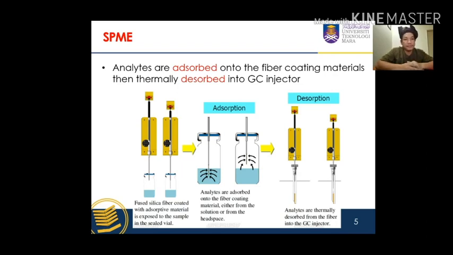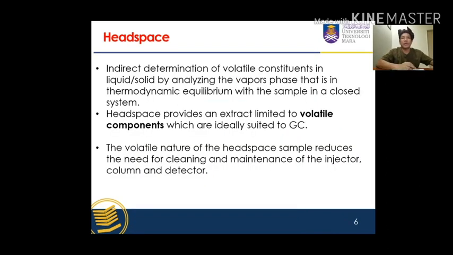Headspace is the method of analyzing the vapor phase in thermodynamic equilibrium with a sample in a closed system. It is actually an indirect determination of volatile constituents in a liquid or solid. So this method is not analyzing the original sample, but only measures the vapor phase.